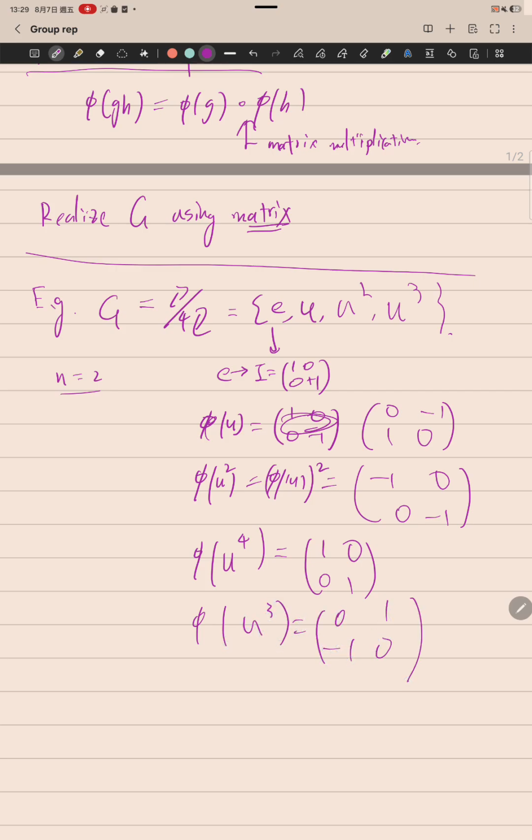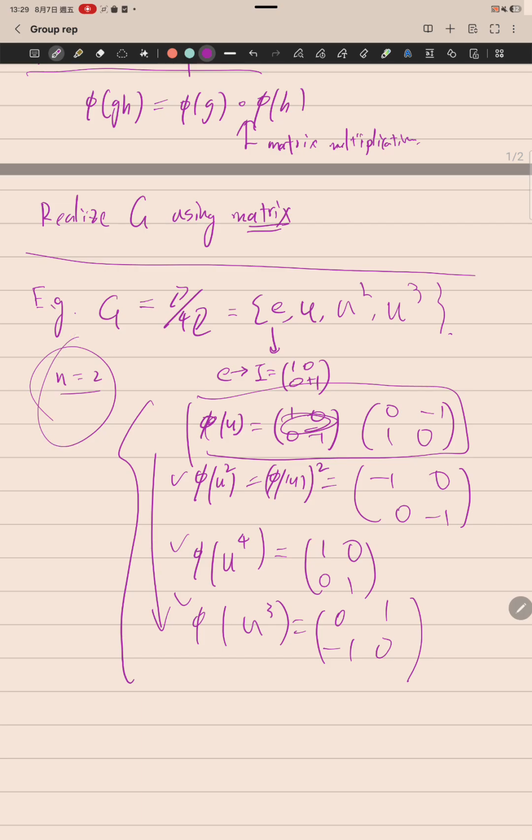So you can see that if you fix phi of U, then everything else is fixed. This is the property of a group homomorphism. So this is exactly one representation of dimension 2: Z mod 4Z as one 2-dimensional rep.